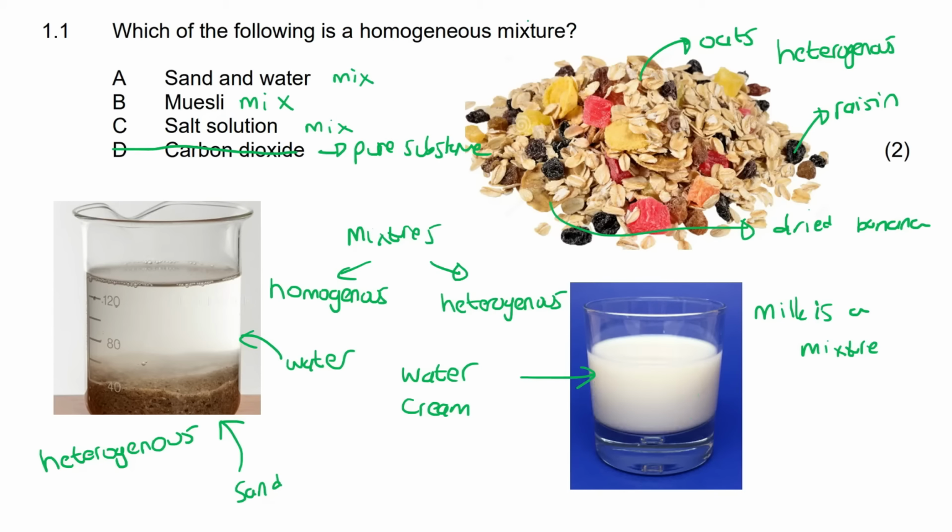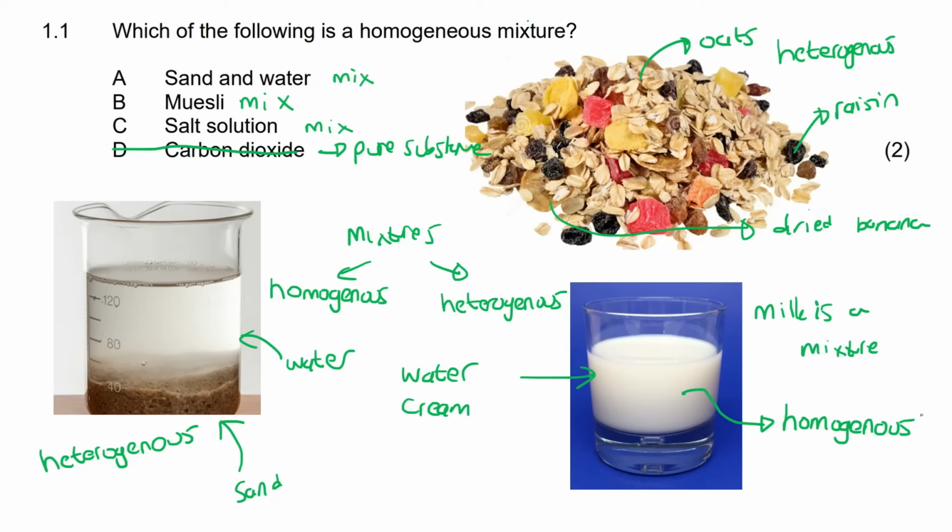It is a mixture. But it looks like only one thing. I can't see the water, I can't see the cream, I can't see the sugar. All I'm seeing is milk. It just looks like one thing. So when it only looks like one thing, then we will say homogeneous.